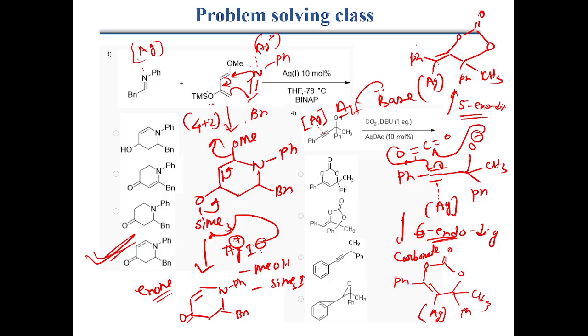So after protodemetallation, this will give this one, and this will give a 6-membered product.